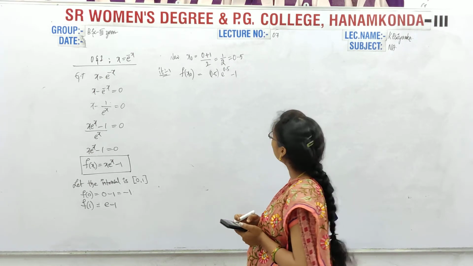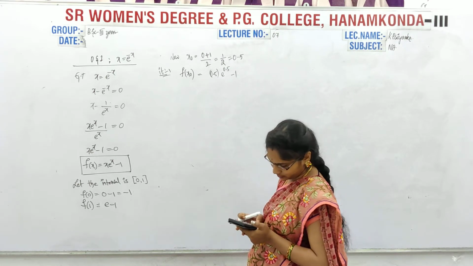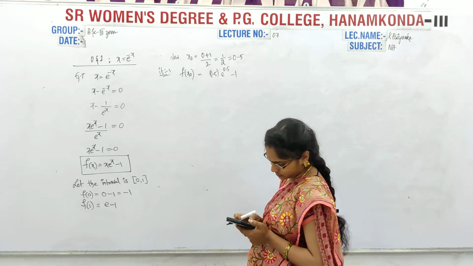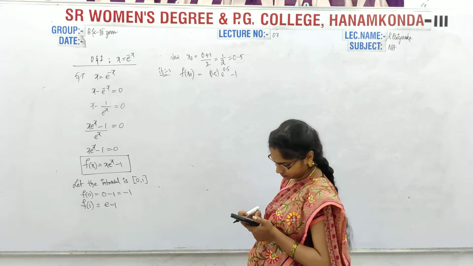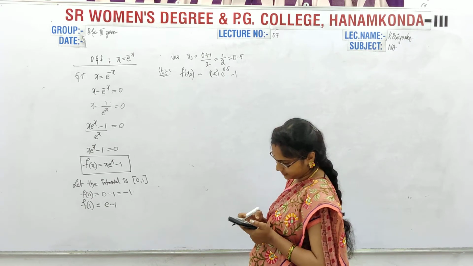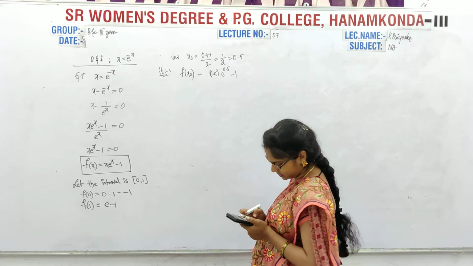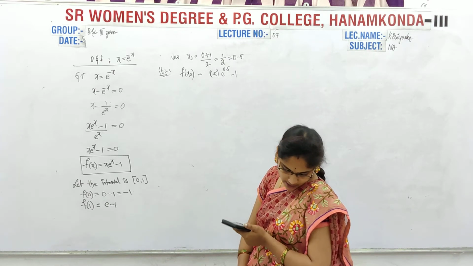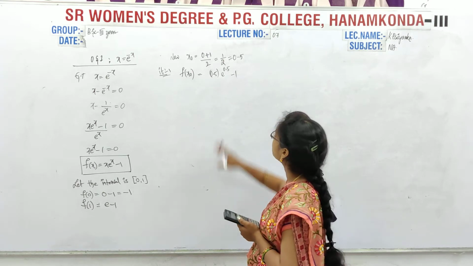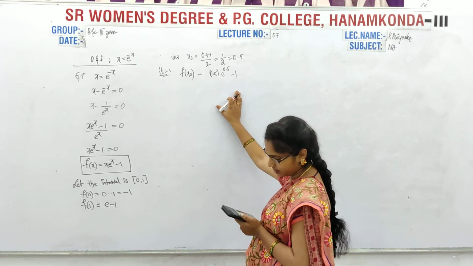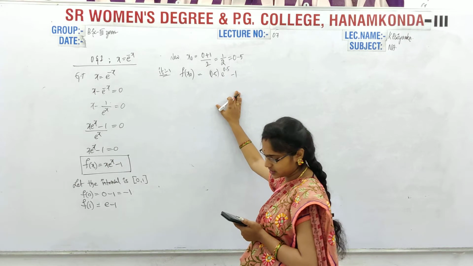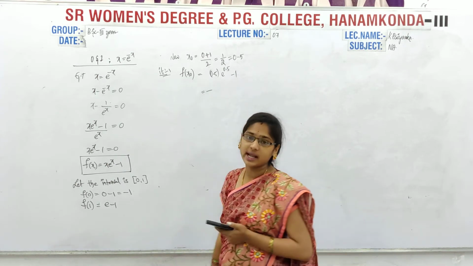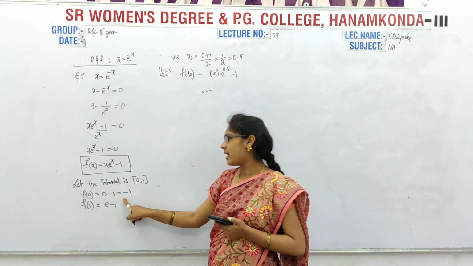So e power 0.5 into 0.5 minus 1. Now we have the value of f of x0, which is nothing but minus 0.1756.